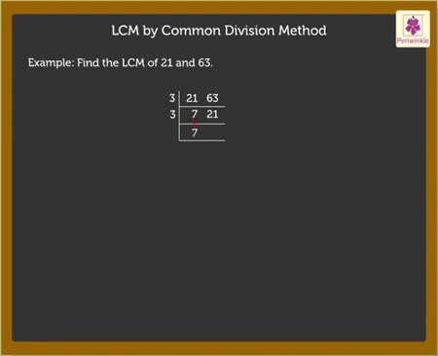Bring down 7 as it is and write 7 below 21. Now we divide by 7 to get the quotients of both the numbers as 1. Thus, LCM is equal to 3 into 3 into 7, which is equal to 3 squared into 7 raised to the power of 1, which is equal to 63.